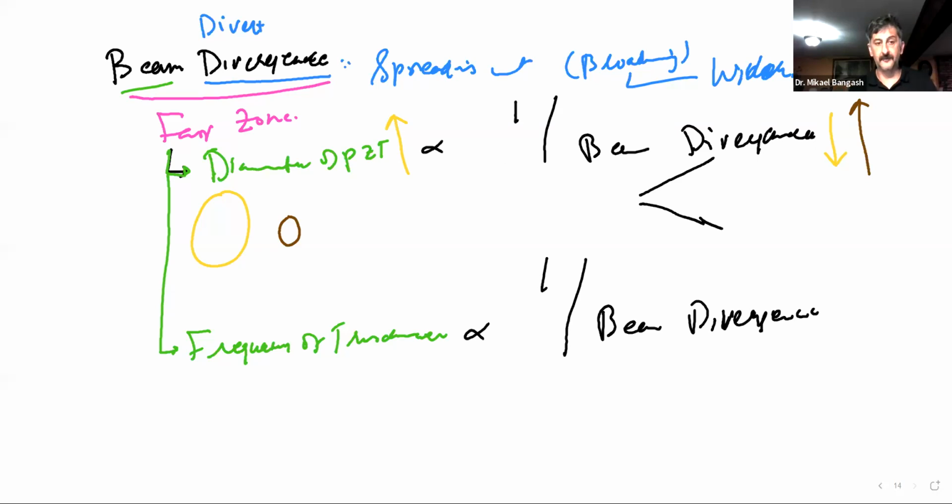We can say the same for the frequency: if the frequency was less, that can lead to a greater divergence of this beam in the far zone, whereas if we had a greater frequency transducer, that will lead to lesser divergence of the beam in the far zone.